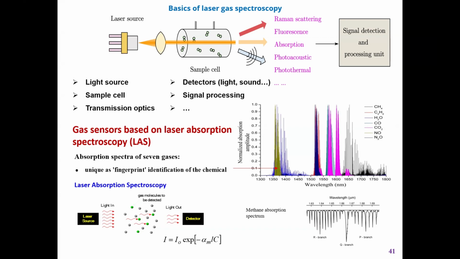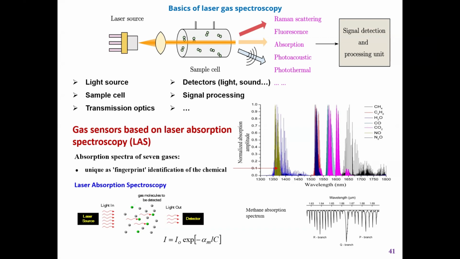He told me for each gas, they have a unique spectrum. That's the identification of each gas. You can see here. For each gas, if you put laser through the gas, they can receive the signal to the processing and do the spectral analysis.